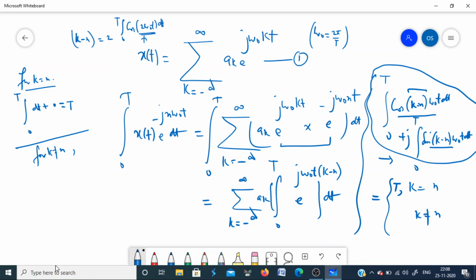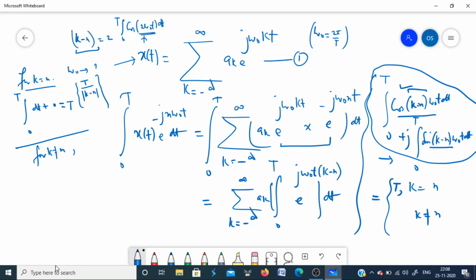Or in fact, if omega naught is the fundamental frequency of x(t), what will be the fundamental frequency of this when k is not equal to n? It will be (k minus n) times omega naught. So time period will be T upon the magnitude of k minus n, because k minus n can be a negative value also.